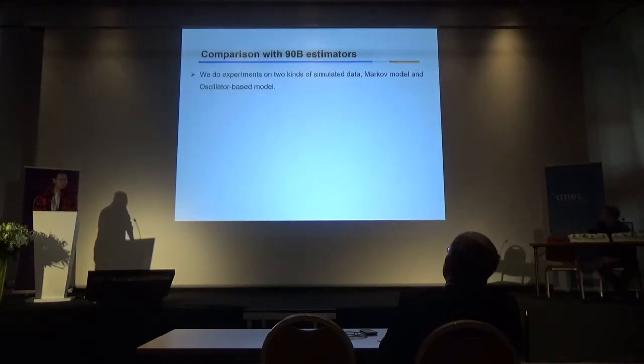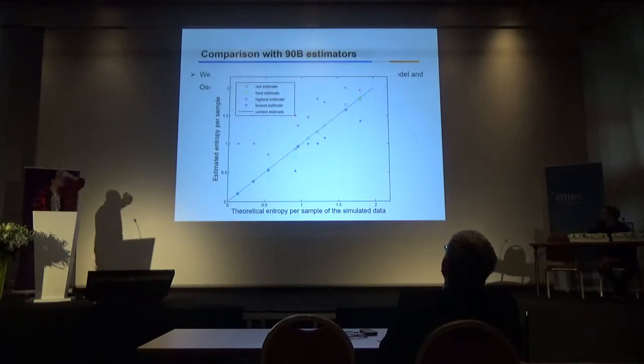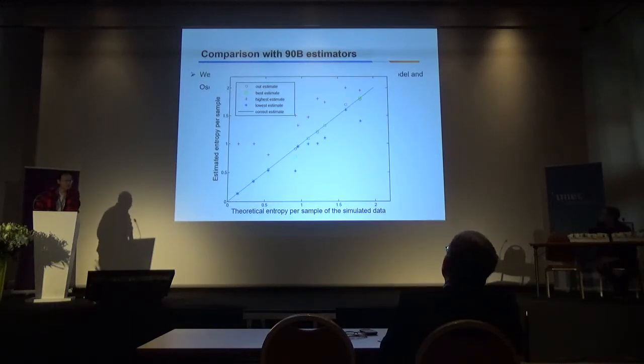And we do experiments, and we can see that the estimate provided by our estimator is close to the correct estimate. And the highest estimate of the NIID is much larger than the correct estimate.